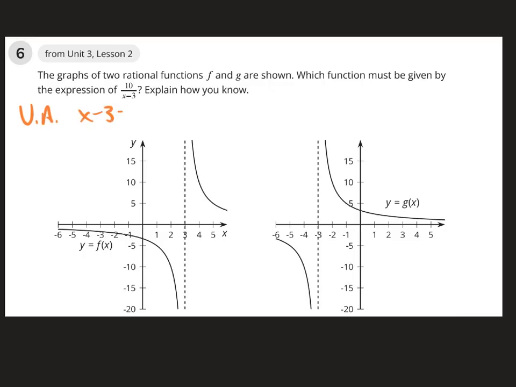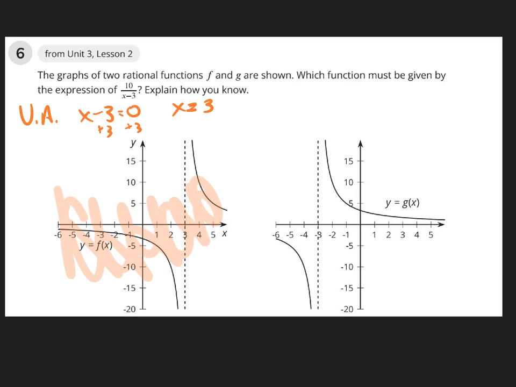X minus 3 equal to 0. You add 3 to both sides. So x equals 3. That makes the first graph, this graph right here. Okay, that's for the vertical asymptote. Set the denominator to 0. That's easy. It will get more complicated soon.